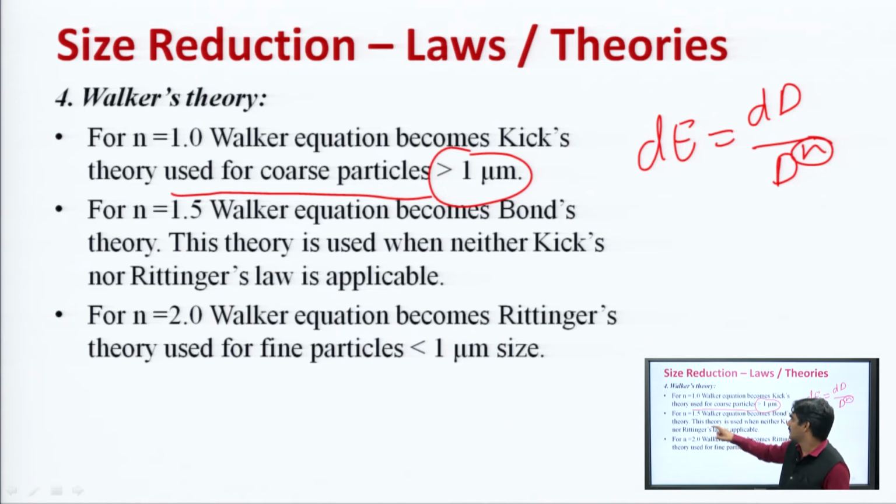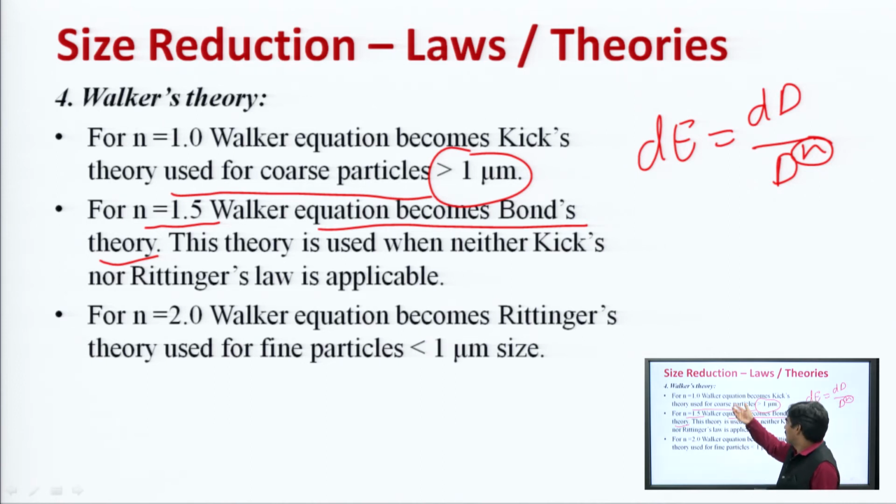Similarly, for n equal to 1.5, if the value of n is changed to 1.5, then this value is a little bit higher. That means the diameter of the particle is higher. So at this value Walker's equation becomes Bond's theory.